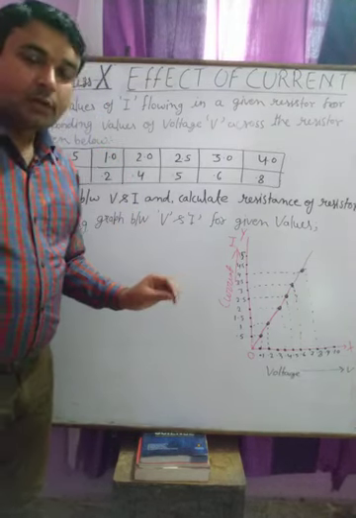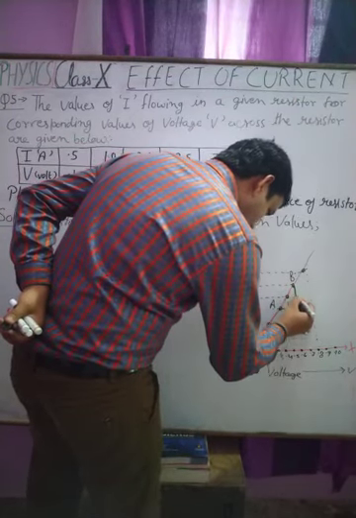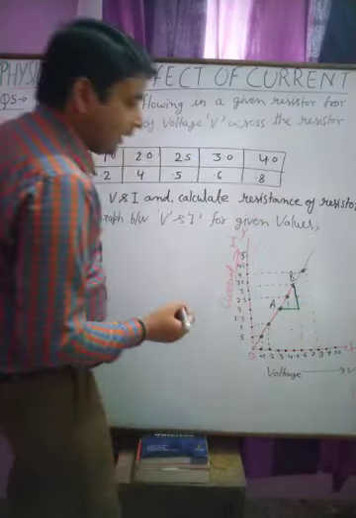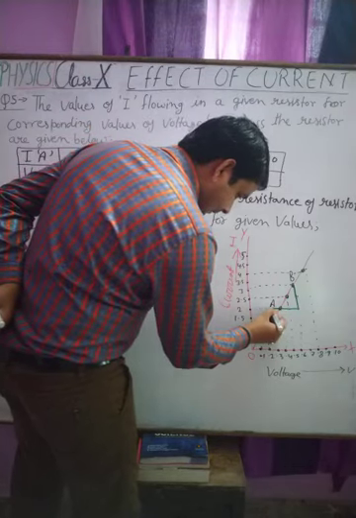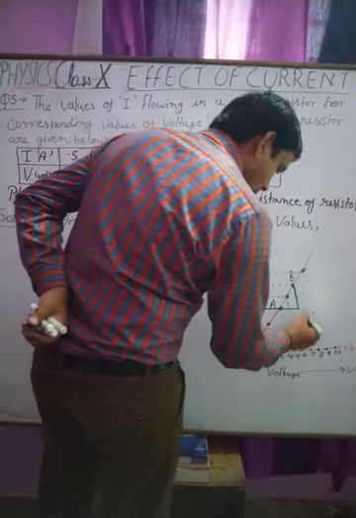Now we are dropping a perpendicular from point A to the vertical axis and from point B to the horizontal axis.